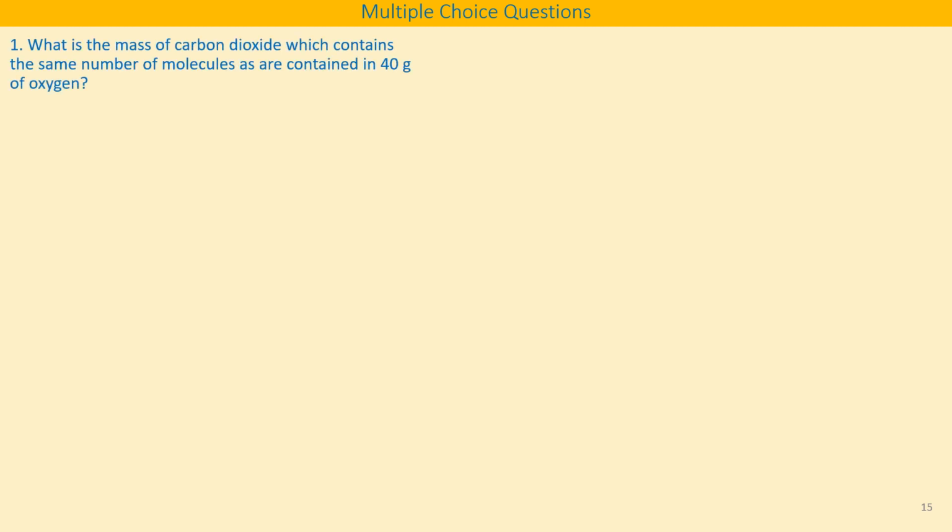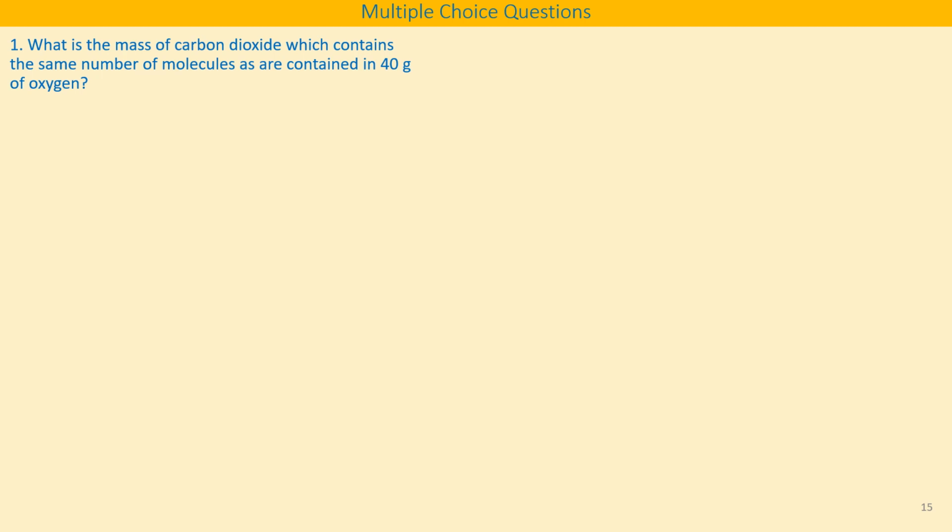Next, we will take up multiple choice questions. Question number 1. What is the mass of carbon dioxide which contains the same number of molecules as are contained in 40 grams of oxygen?